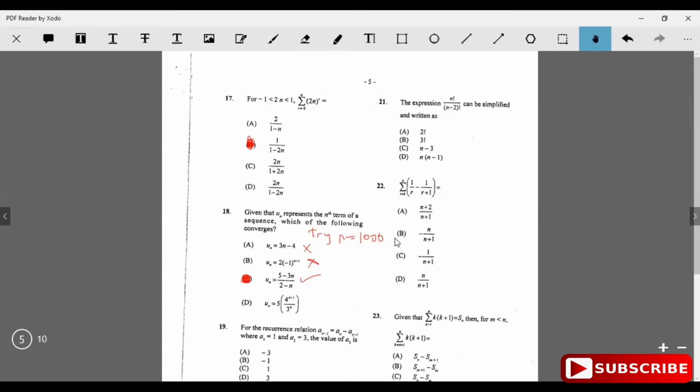If you try another bigger value for n, like 10,000, I guarantee you're going to get a number that is smaller than 3. Then you try another bigger number, you're going to get a number that is smaller than that number. And so it's eventually converging to some number. This number looks like 5 over 2.